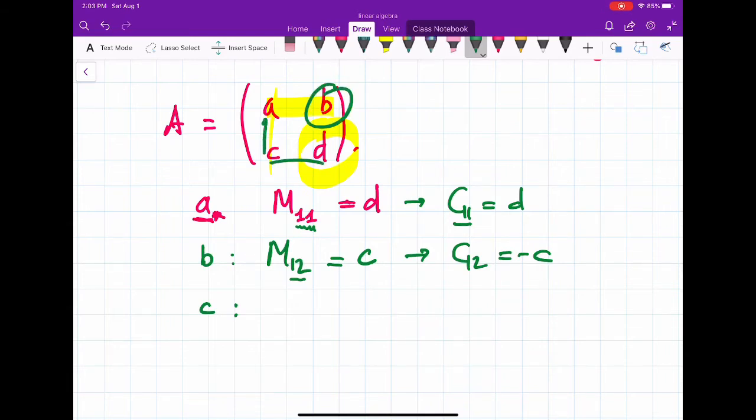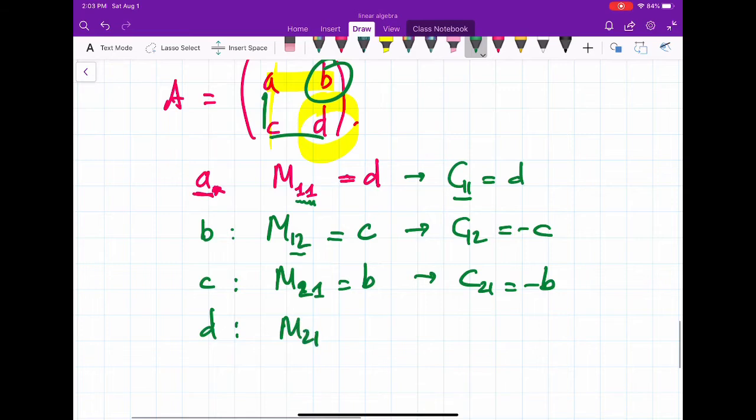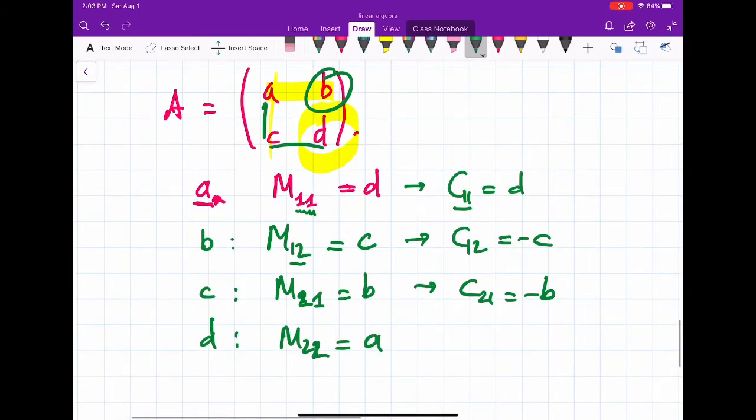You have only B. So I have M21 is B, and cofactor C21 is again -B. And how about D? You have M22 equal to A, and then C22 is equal to A.